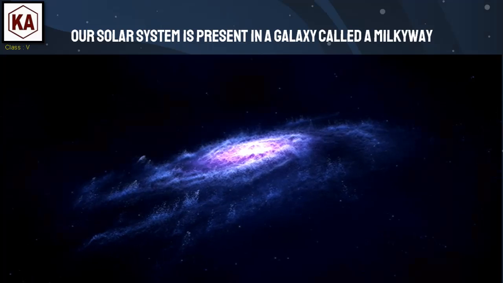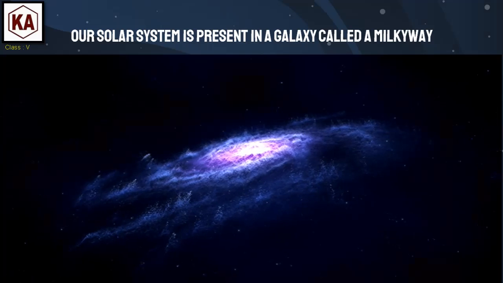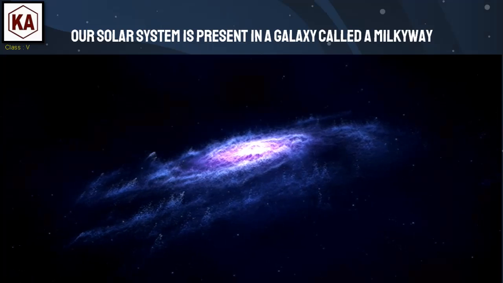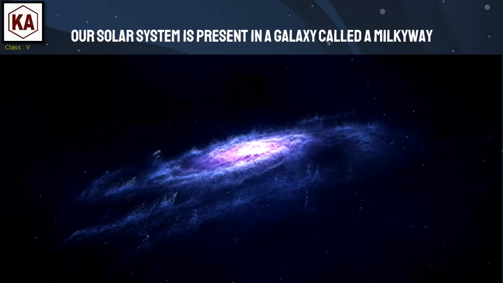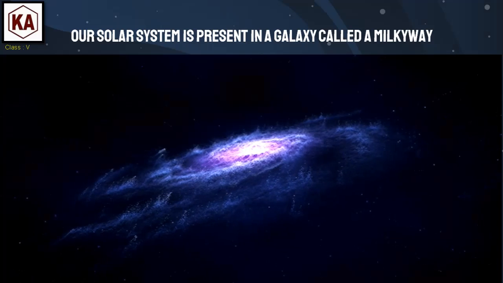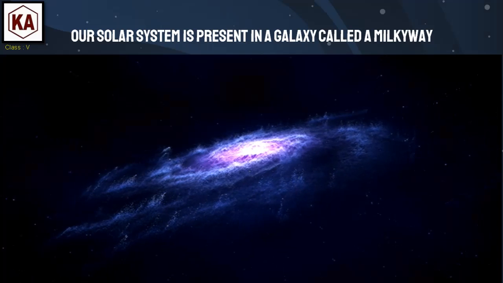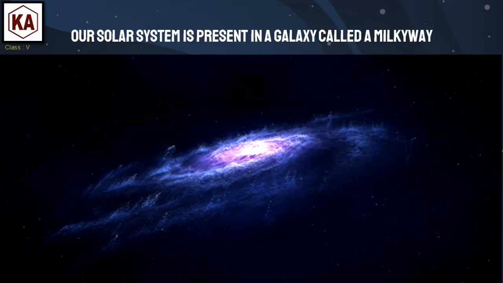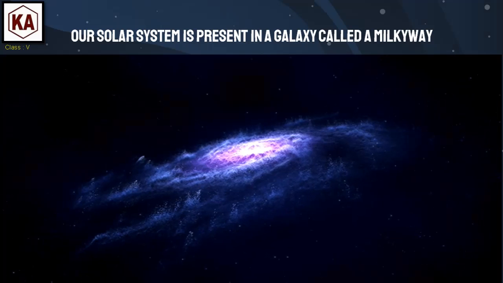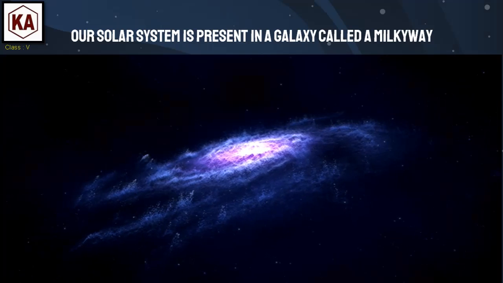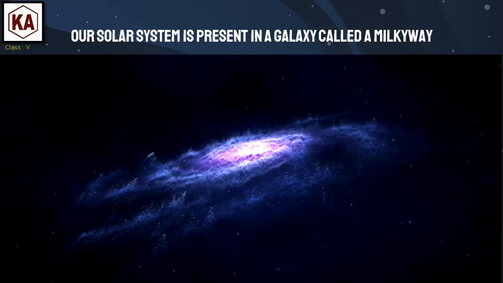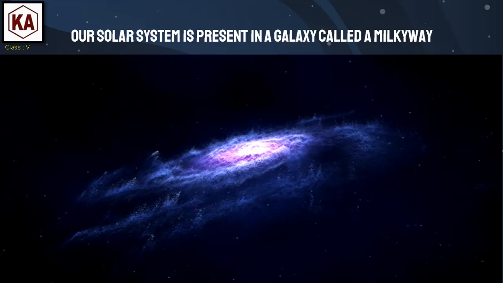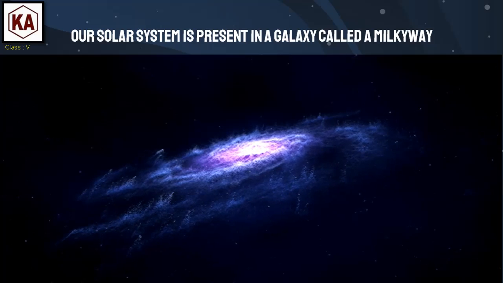Our solar system is present in this beautiful galaxy called the Milky Way. It is actually a collection of billions of stars, dust particles, and planets. Do you know there are hundreds of millions of galaxies out there in our space?